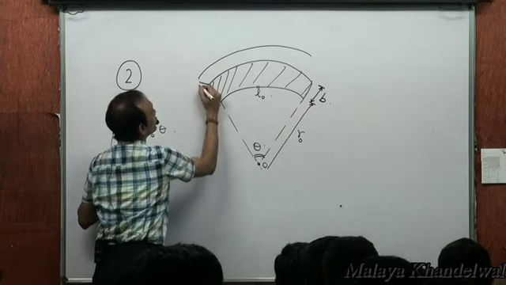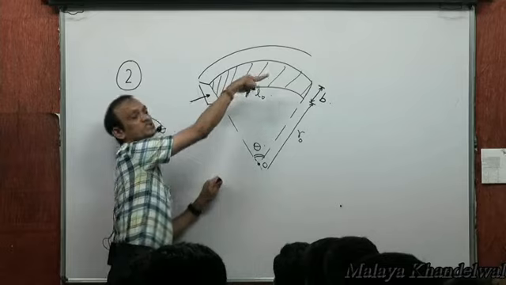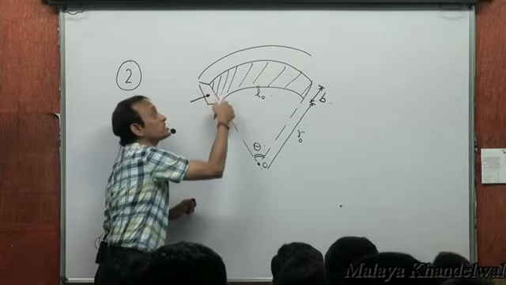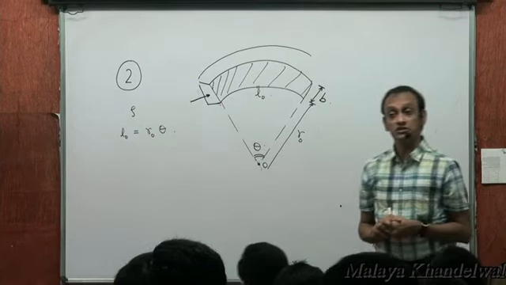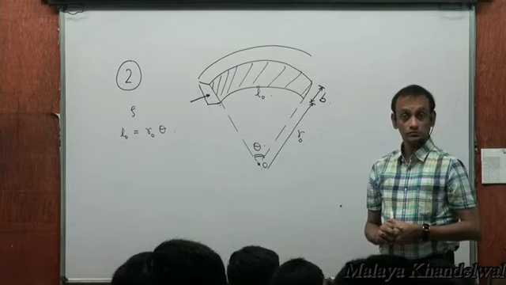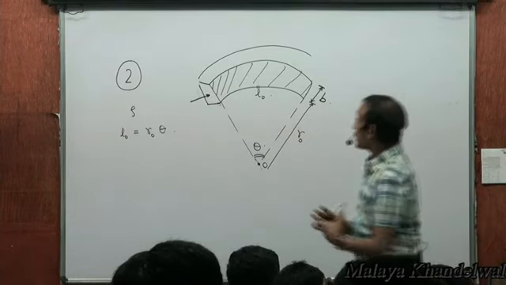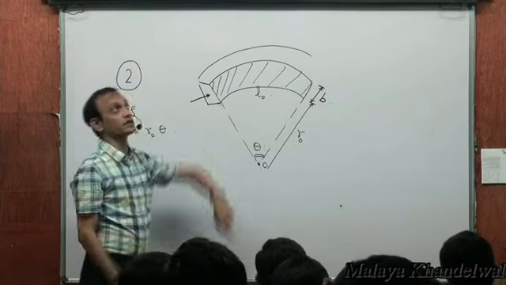When you observe from here, this is the cross section through which current enters, and this cross section is rectangular. Do you understand this? So current is flowing through a cross section which is rectangular, right?